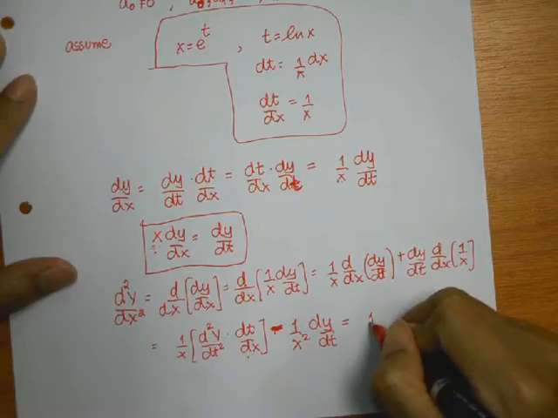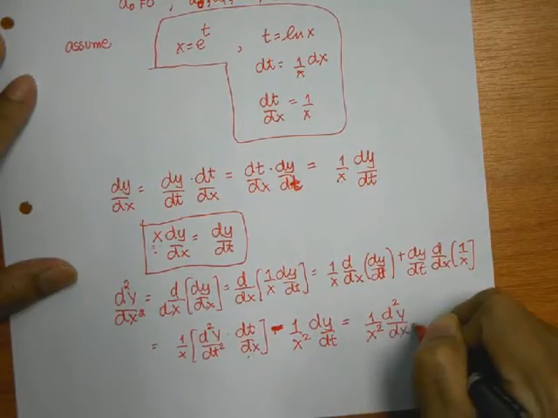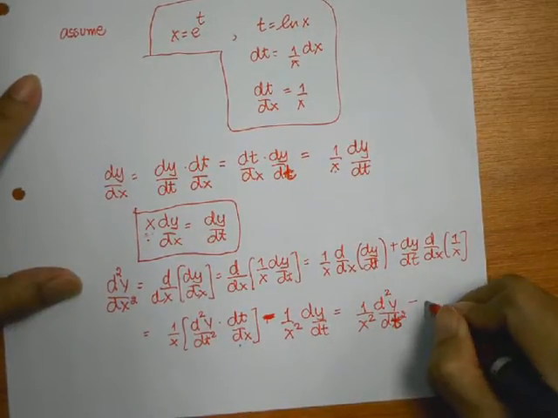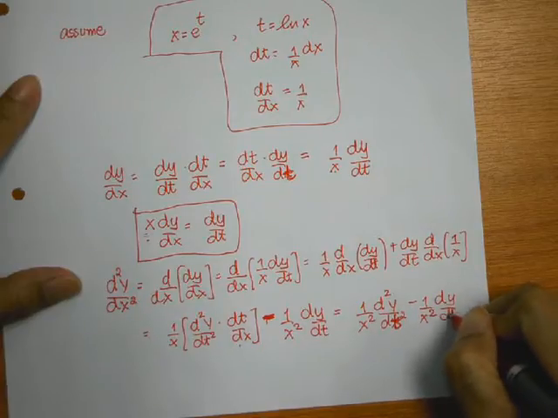So we would get 1 over x squared times the second derivative of y by dt squared, minus 1 over x squared times the first derivative of y by dt.